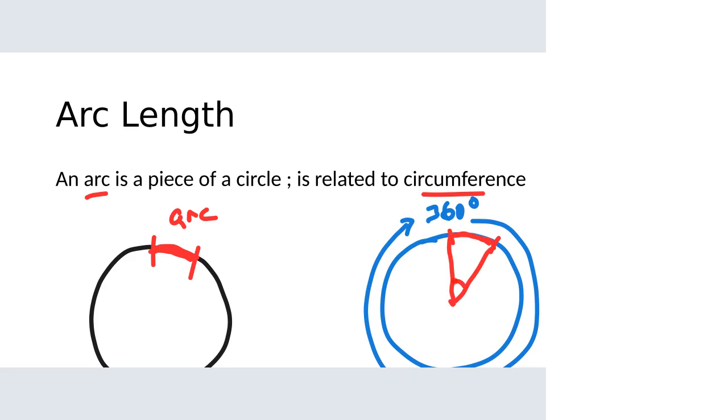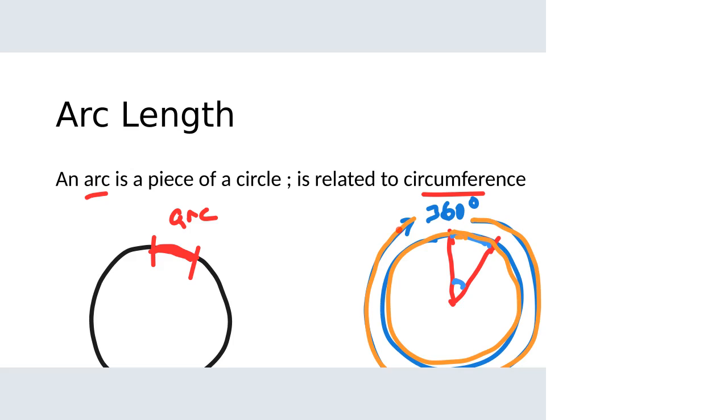So what we're going to do is use a proportion to give a relationship between how big your angle is, because that correlates to the arc length, compared to what your circumference is all the way around the circle that corresponds to 360 degrees.